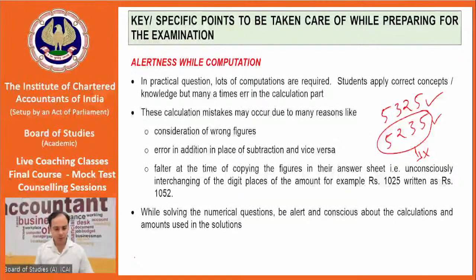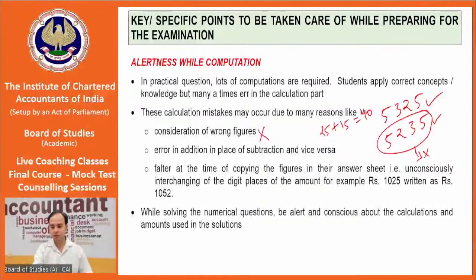And further, as we have discussed, you should not consider the wrong figures. Suppose you have to add a particular item, suppose 25 plus 15, it should be 40.